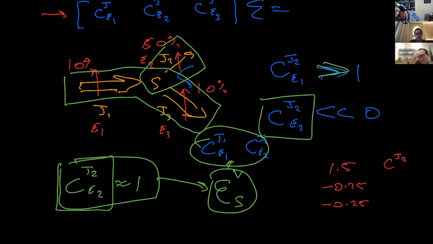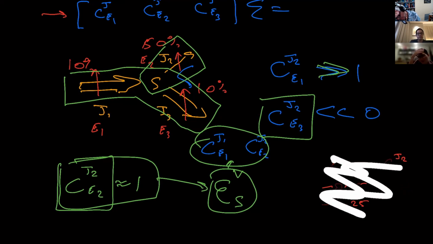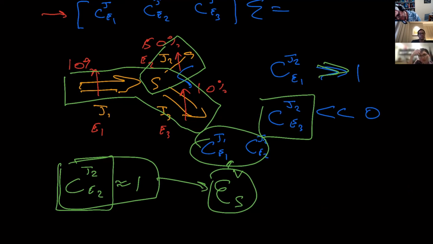Maybe it's better if I do it this way. I'll put the J in: CJ21, CJ22, CJ23. The summation is always with respect to the same flux, but different steps. So this one, 3 on 2, that'll be something like minus 2.